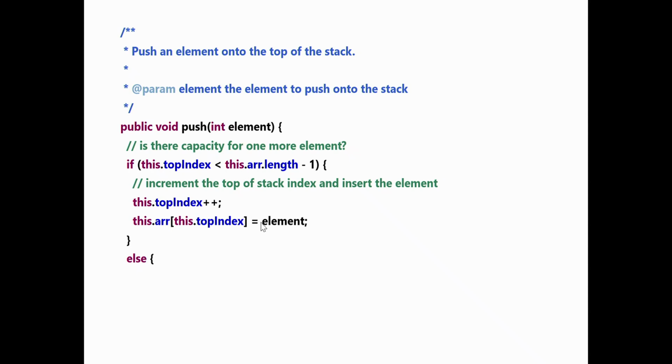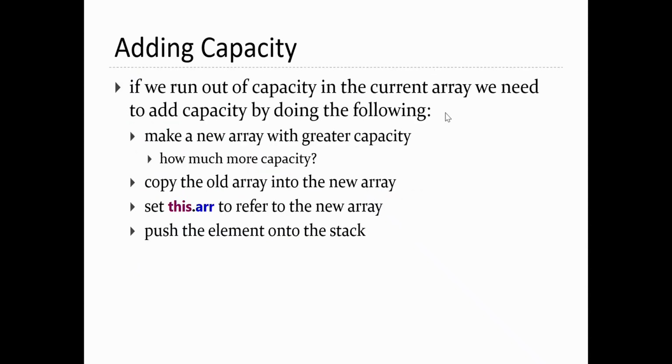Okay, now what happens if there isn't space? If you run out of capacity in the current array, the only thing that you can do is make a new array. So that's your only option here. So what you have to do is make an array that has to be bigger than the original array. It doesn't make sense to make a smaller array.